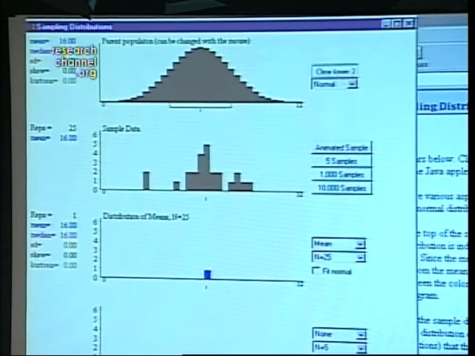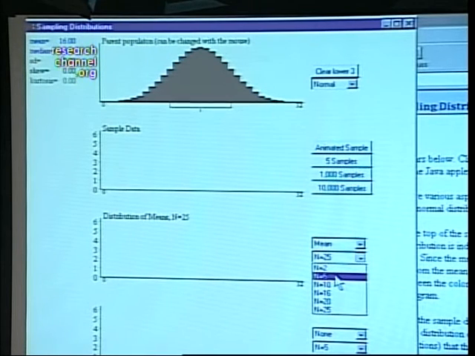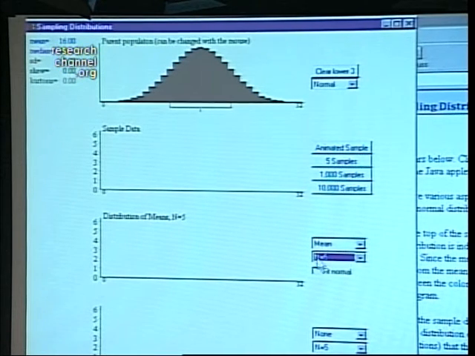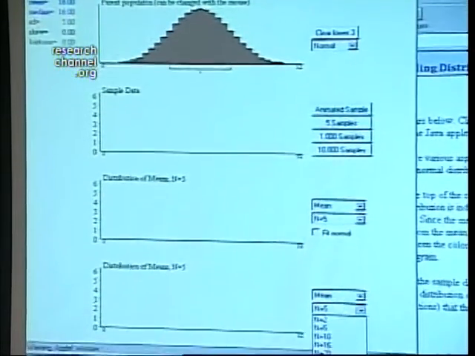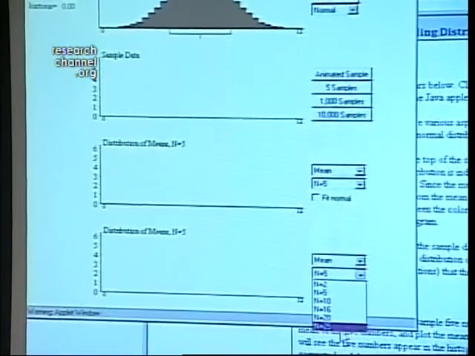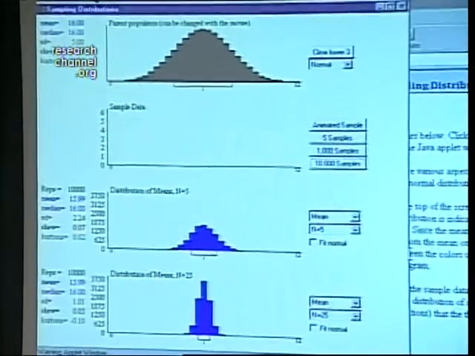Now, suppose I clear these and I will look at, in the third panel, all of the possible means, the summary statistics that we could get if we took 10,000 samples of size 5, and then if I ask also to look at all the possible means that I would get if I took a sample of size 25, and then I hit 10,000 samples. So this is a simulation that's going on.